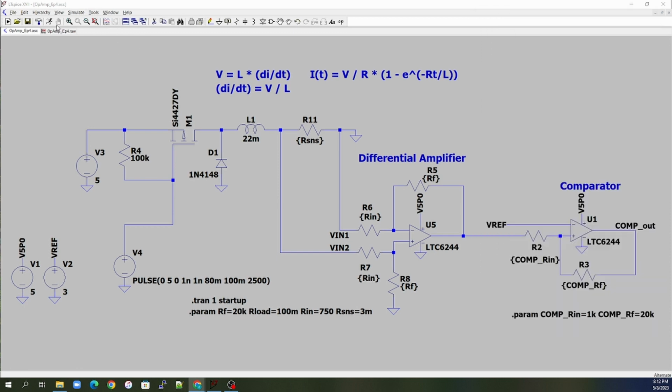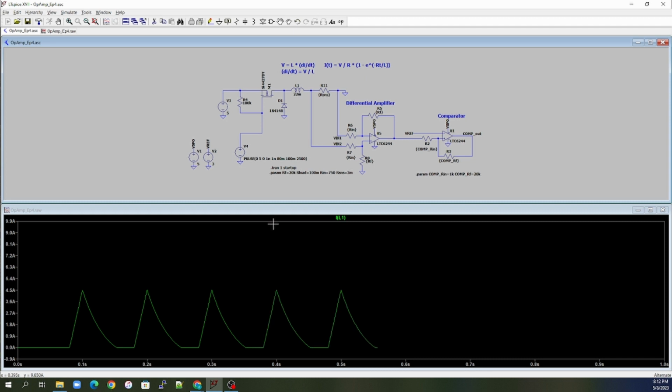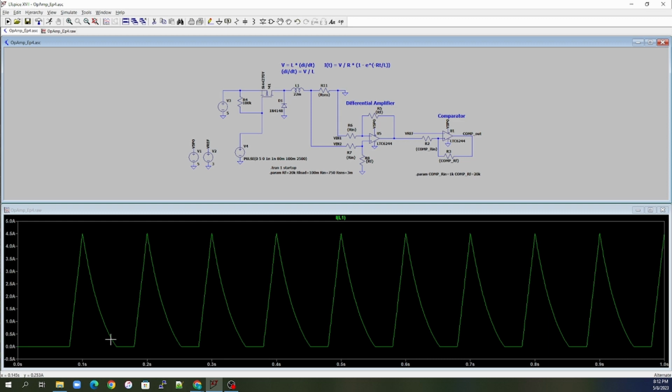So let's go ahead and run this. Now you can see here it goes. I gave it plenty of off time so I can see this thing completely turn off. But you can tell that it charges much faster than it discharges, because it is only discharging through this sense resistor right here and this diode.